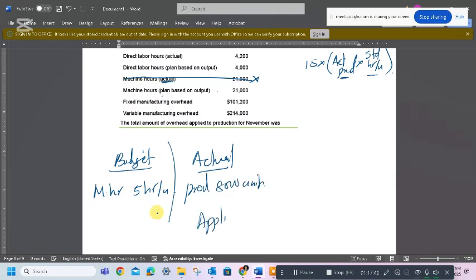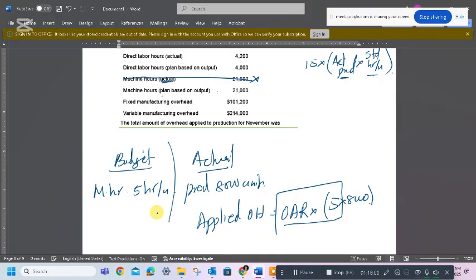How we find applied overhead: you find the overhead application rate multiplied by 5 into 8,000. Why is it so? The overhead application rate into 5, budgeted machine hours per unit, tells you budgeted overhead per unit. And then you multiply by the actual number of units.